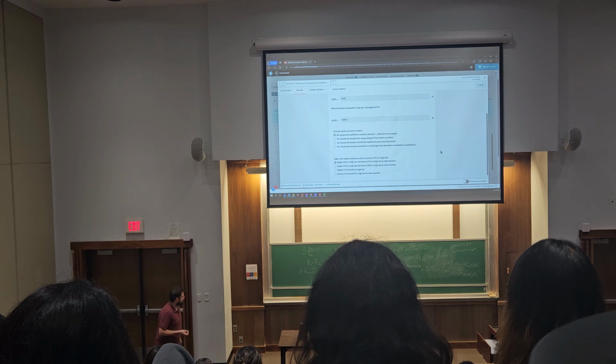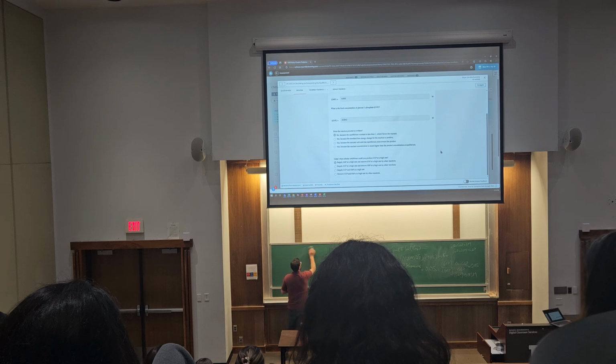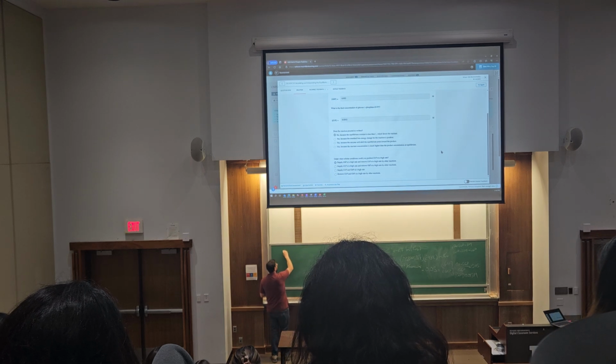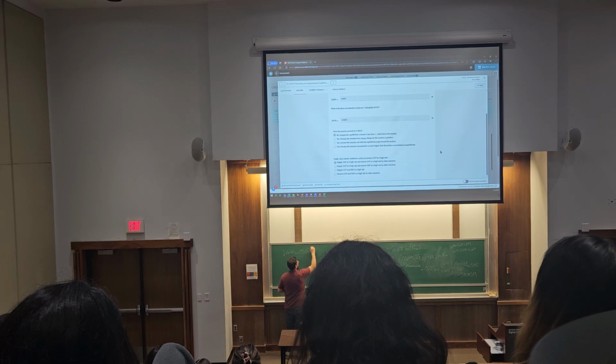There's a very important reaction in glycolysis, catalyzed by triose phosphate isomerase. This catalyzes the conversion of a sugar called dihydroxyacetone phosphate to glyceraldehyde 3-phosphate, right?